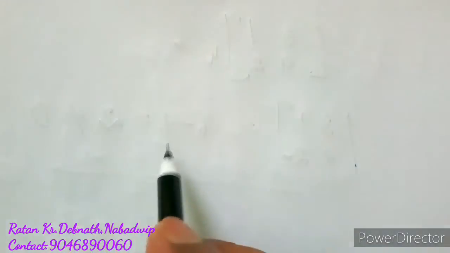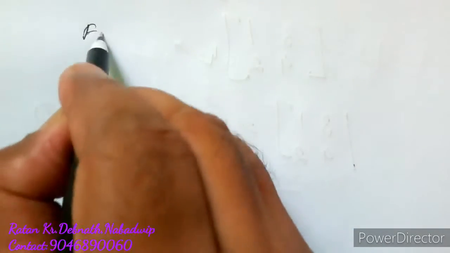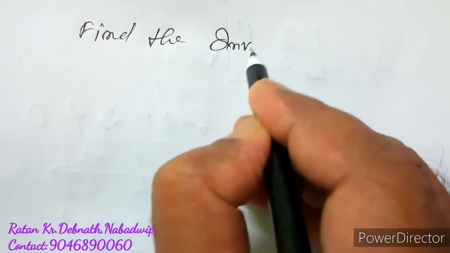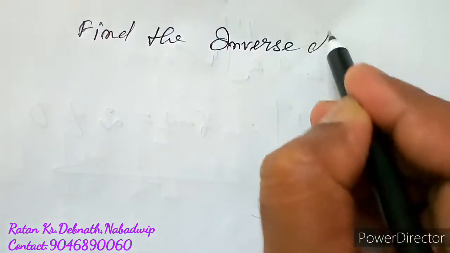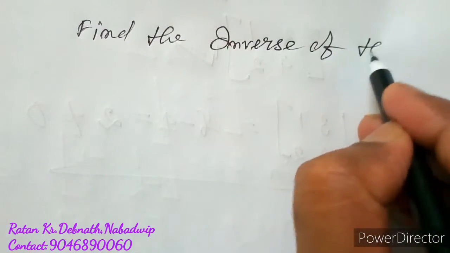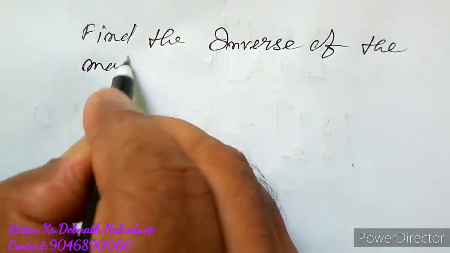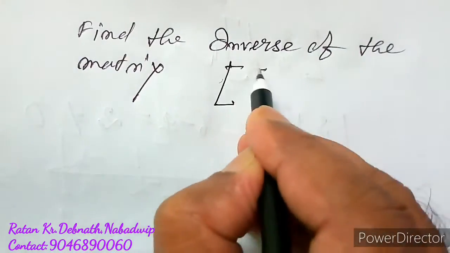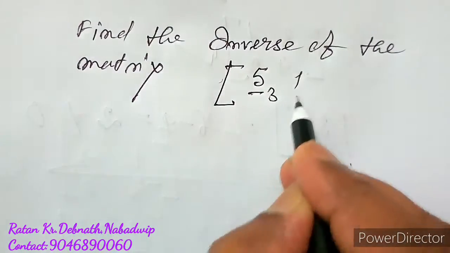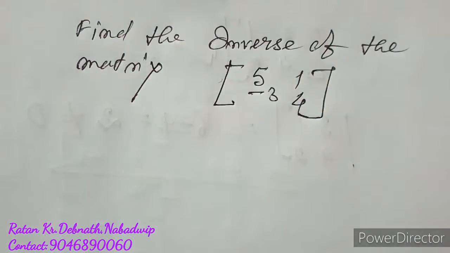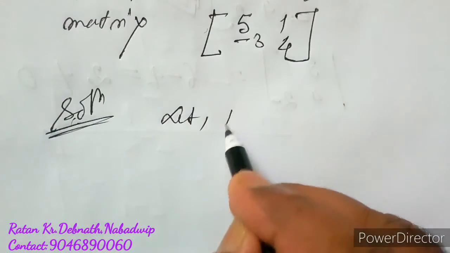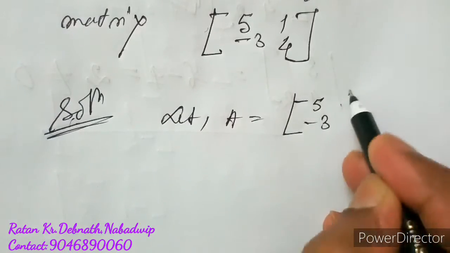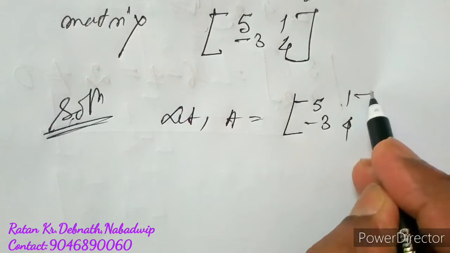Find the inverse of the matrix 5 -3 1 4. Let A equal to 5 -3 1 4.